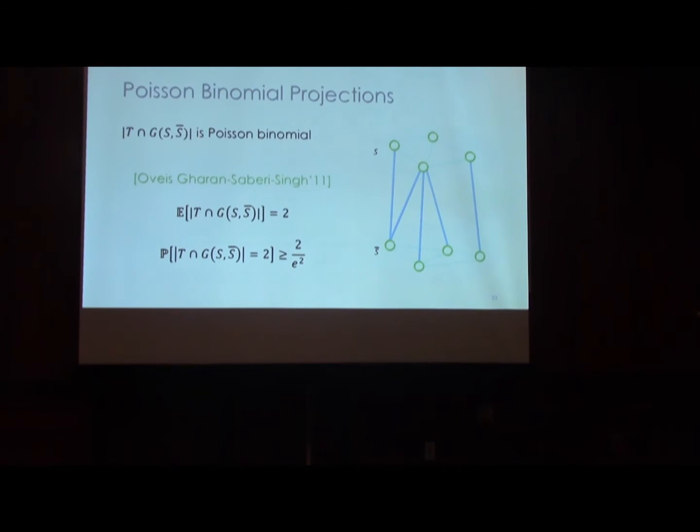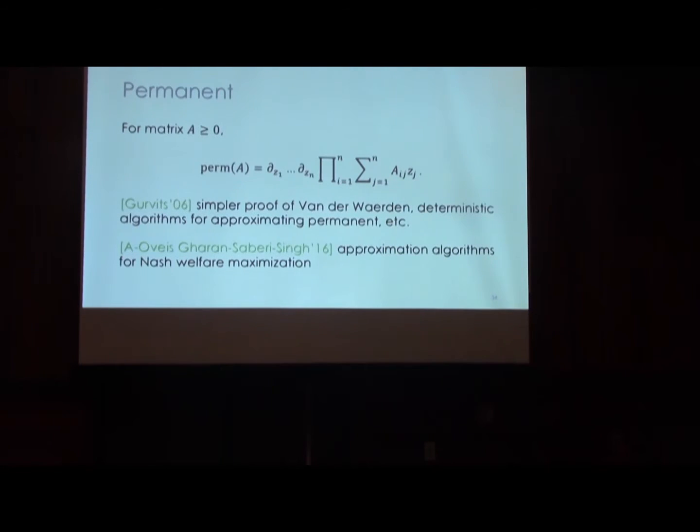But you can't prove with concentration inequalities such a statement, that the exact number is going to be 2 with some probability bounded from 0. So this they proved by noting that this is a sum of Bernoullis and using some machinery that was known about sums of Bernoullis.